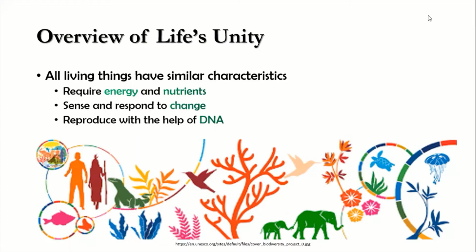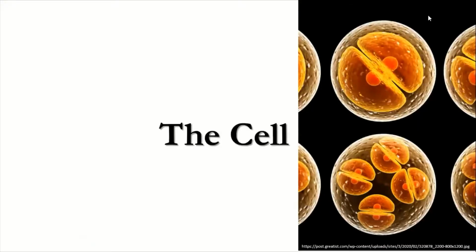So all living things actually share the same characteristics. First, they require energy and nutrients. Second, they sense and respond to change. And last, they reproduce with the help of DNA. Okay. So what is common among these different characteristics? They actually start from the cells. Okay. So the cell is the focus of our video for today.